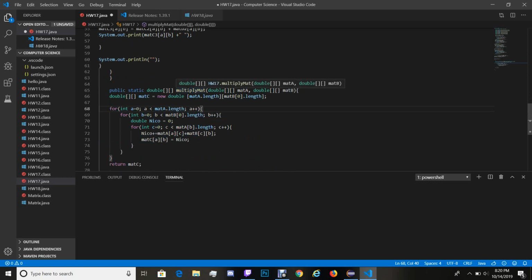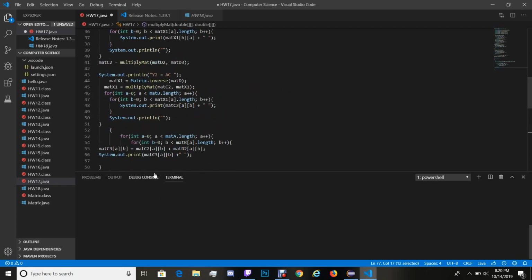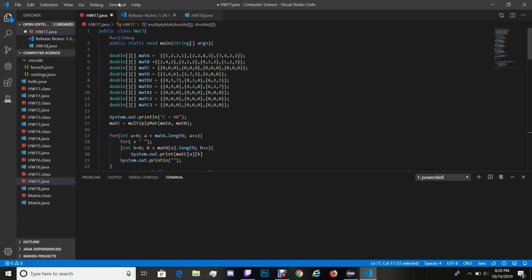So I have a multiply mat, and then a double, and then times mat A, and then times another one, showing how matrix multiplication works. And then I put a value here for a name representing it, so mat C of those things would equal that. And then we're returning it, which is just going to be returning it all in the terminal here.